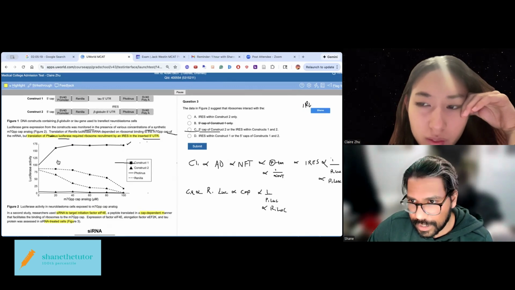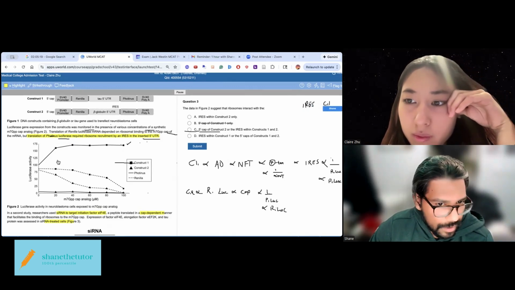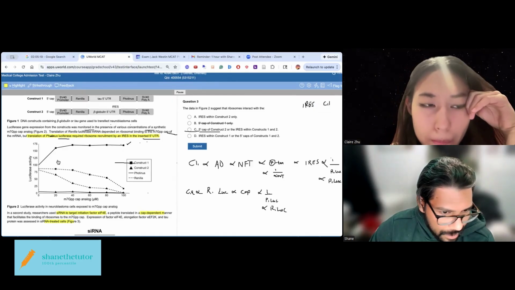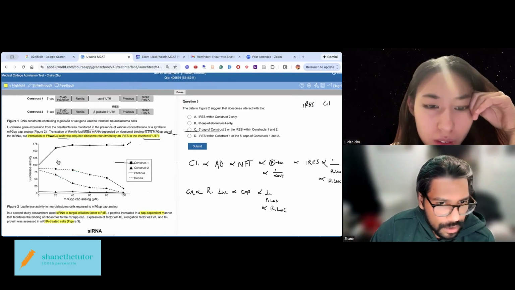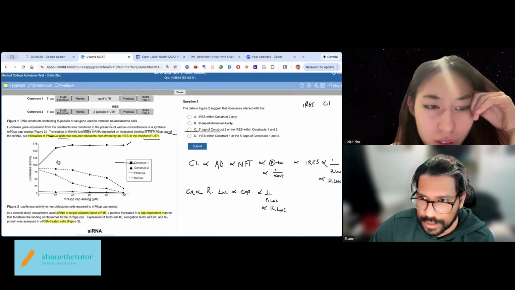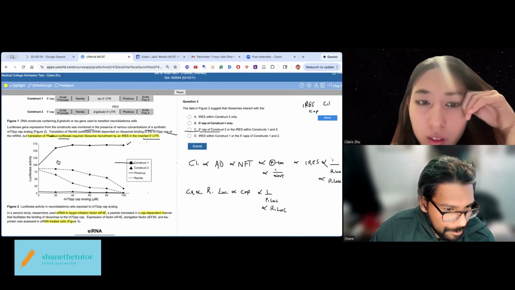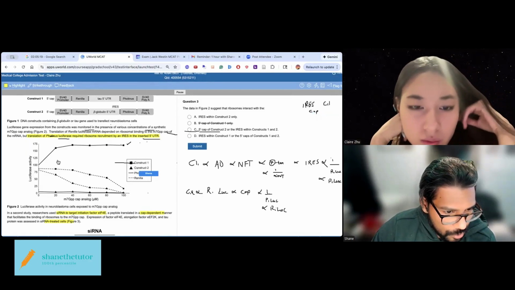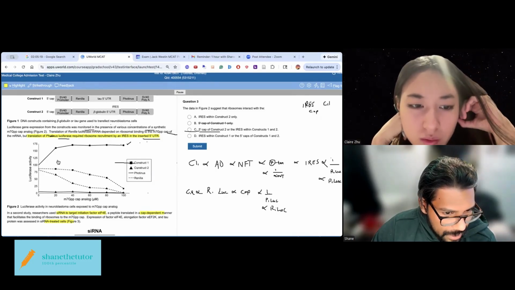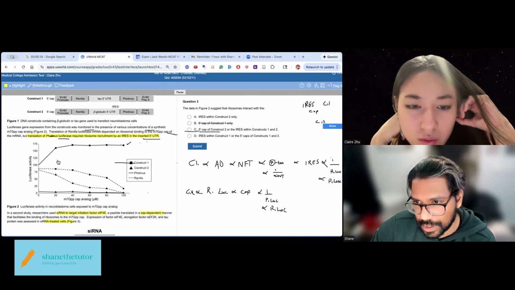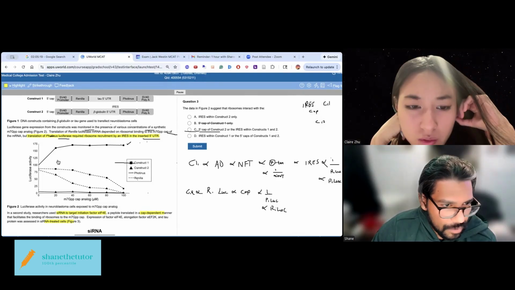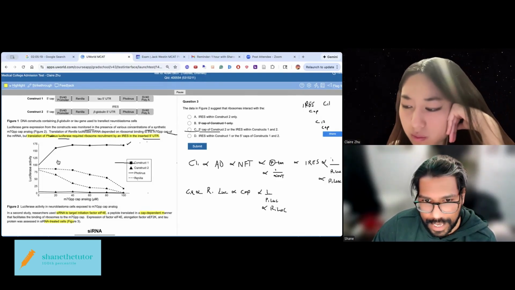So IRES for construct 1, and it seems like construct 1 also had some activity for, wait, Renilla for the cap, whereas for construct 2, it's mostly the Renilla, which means the cap. So construct 2, Renilla, cap.